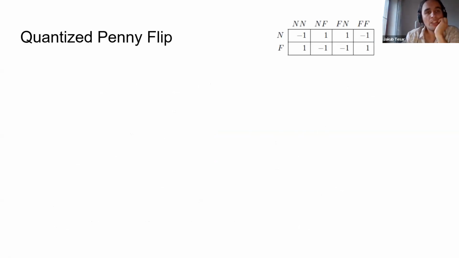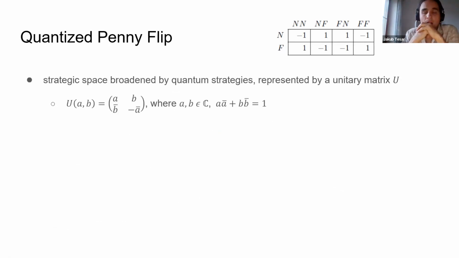And how do we change the game by thinking about quantum strategies? What Meyer introduced in the paper is a broader class of strategies. He named them quantum strategies. The idea was that he can represent them with a unitary matrix, a matrix of this form, where we have two complex numbers A and B, and the entries minus B complex conjugate and A complex conjugate.